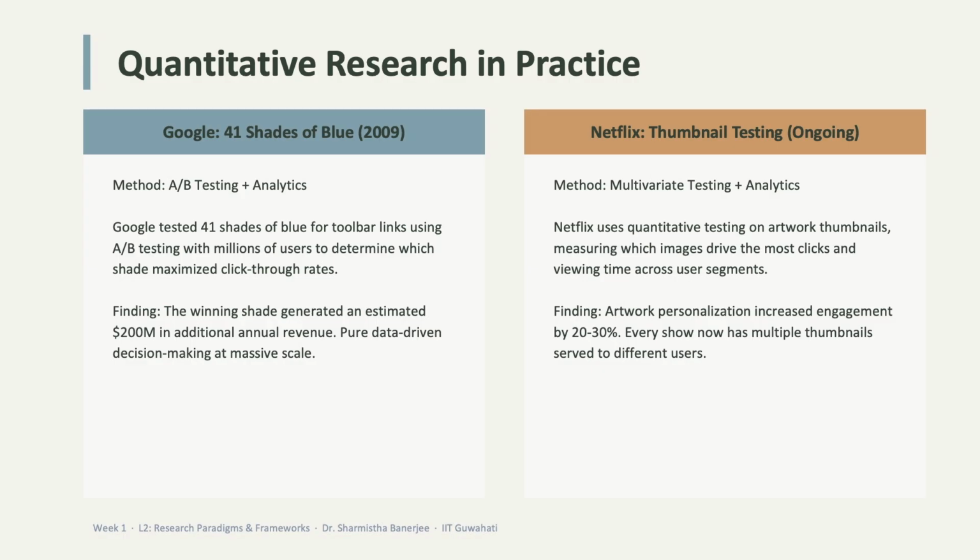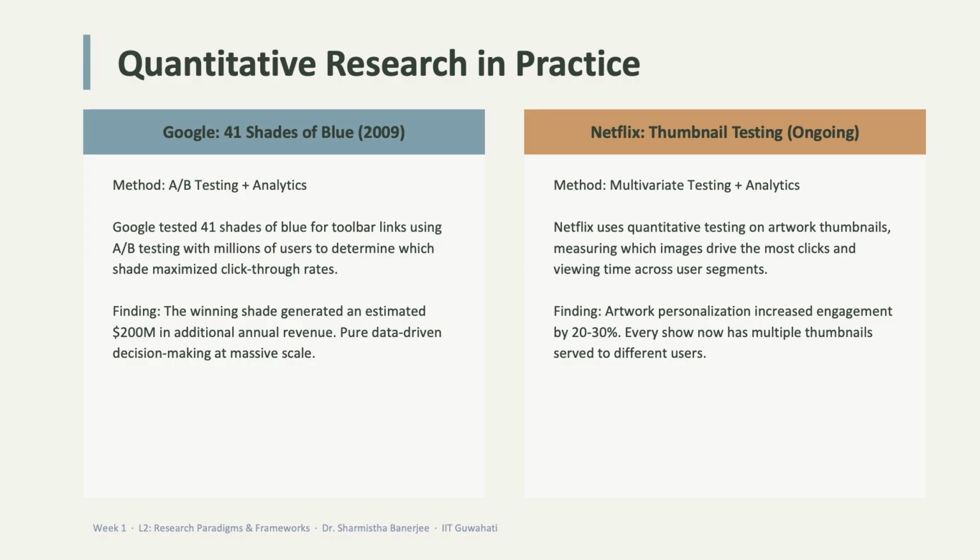Another example is Netflix. Netflix uses quantitative testing on artwork thumbnails. It measures which images drive the most clicks and viewing time across user segments. Once they discovered this, they created an artwork personalization scheme. Depending on what kind of user you are, you will get a different kind of artwork.